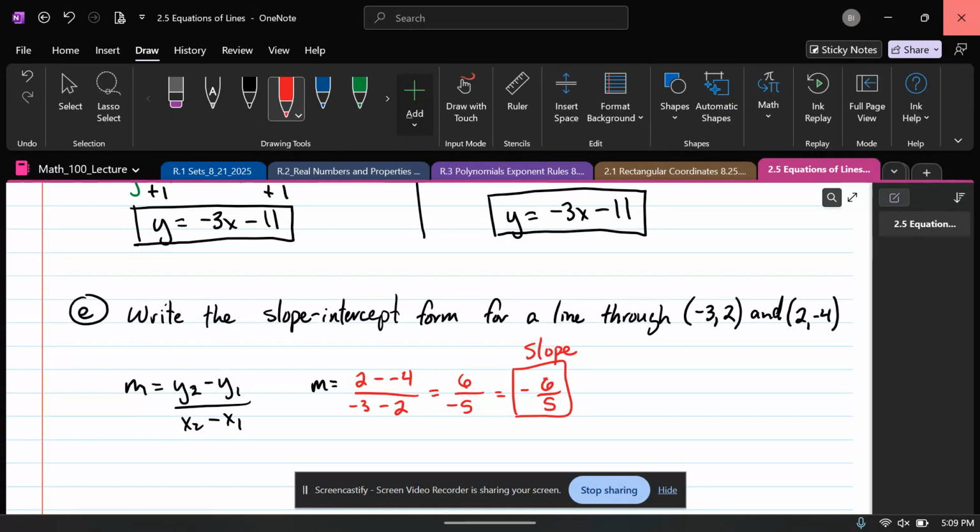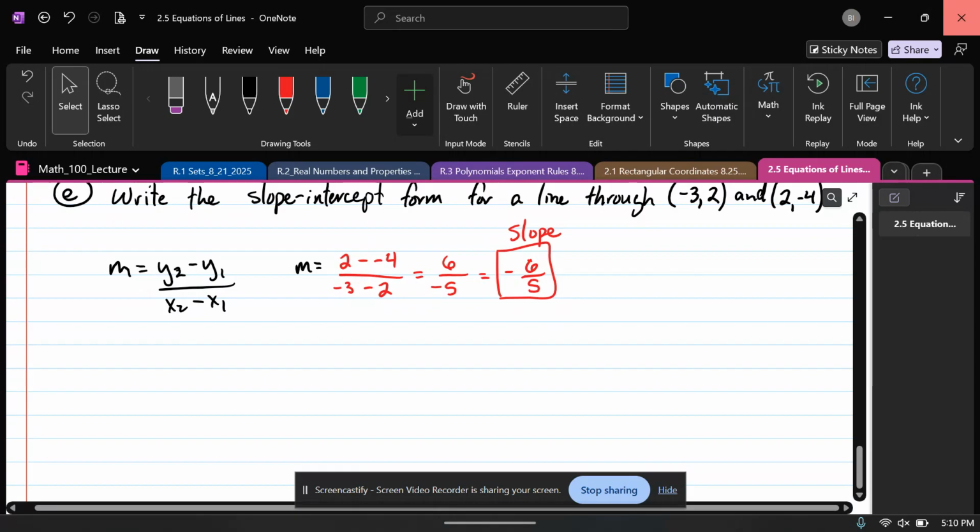I need that. Now, here's the beautiful part about going to slope-intercept form: it doesn't matter which ordered pair you pick. We will all get to the same slope-intercept form equation if we all do it correctly. Okay, we have to deal with fractions in this one, so that's just part of the game.